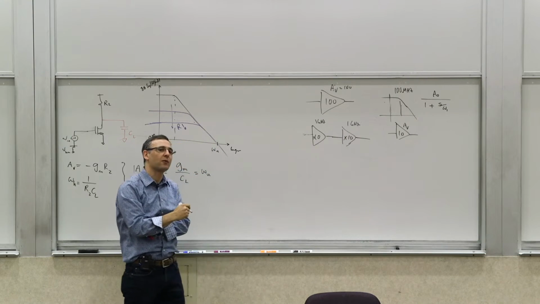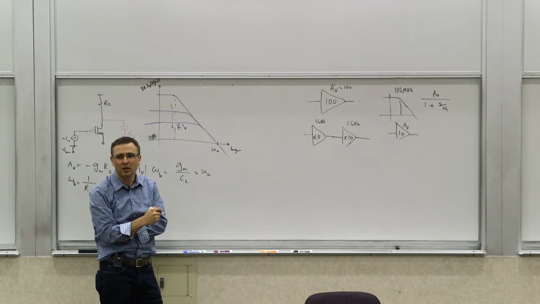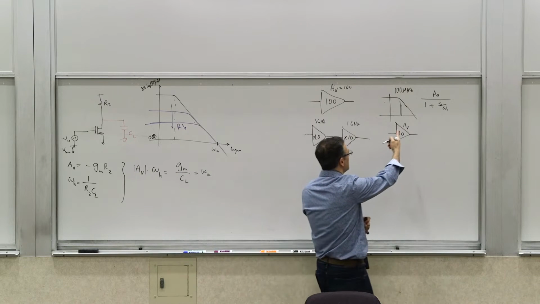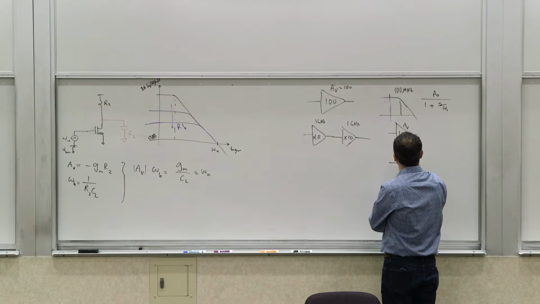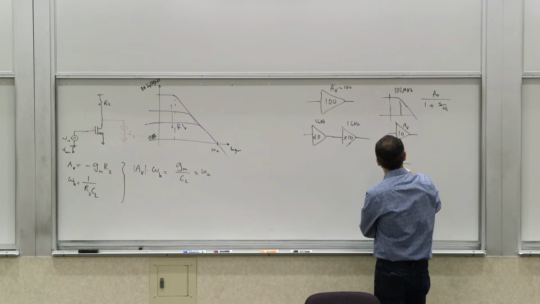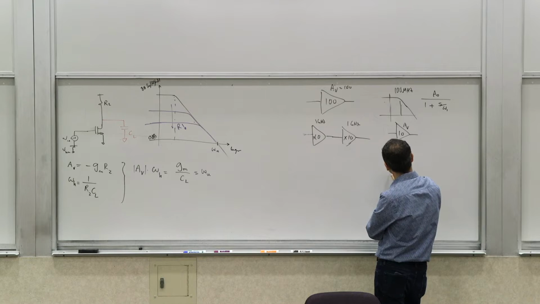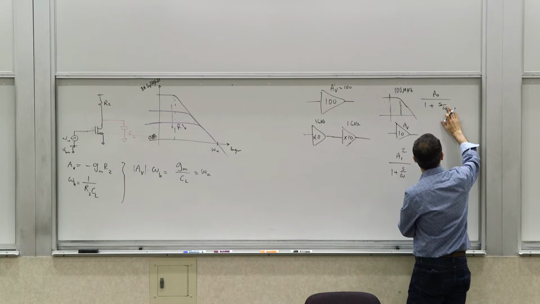What is my overall bandwidth? Well, we can calculate it, right? Because the new transfer function is basically A1 squared, A1 being 10, divided by 1 plus s over omega 1.